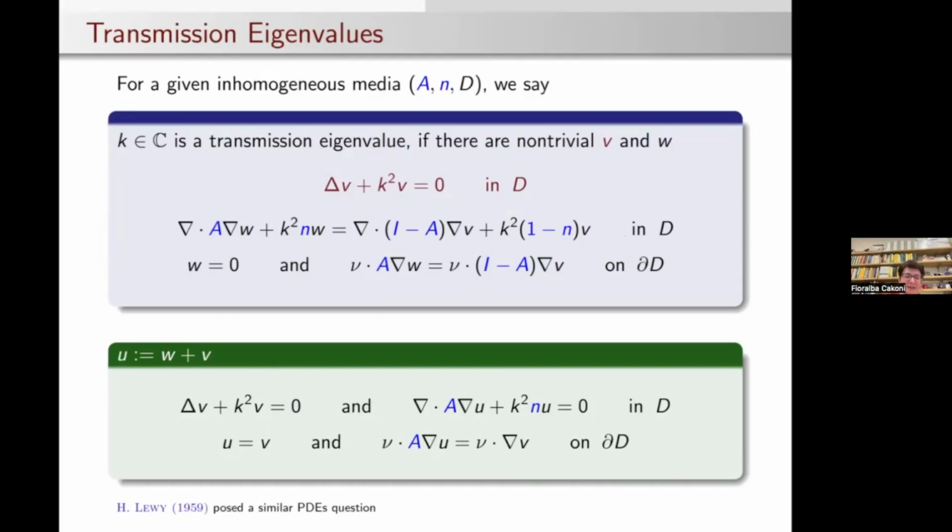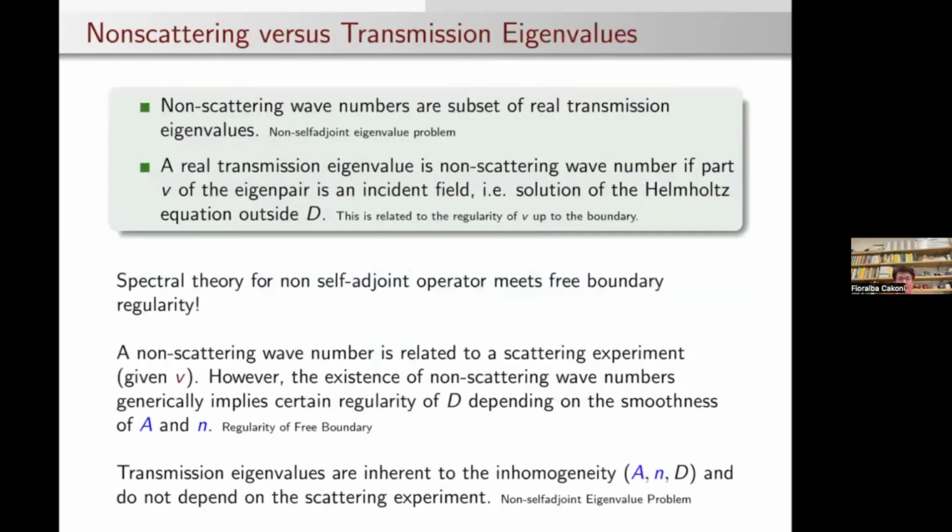Actually, interestingly enough, there is a paper by Levy in 1959. He posed a similar question, purely from the PDE perspective: can two elliptic PDEs share the same Cauchy data?